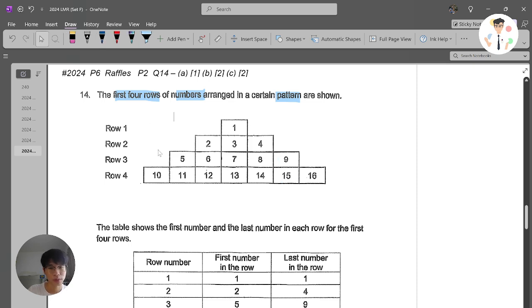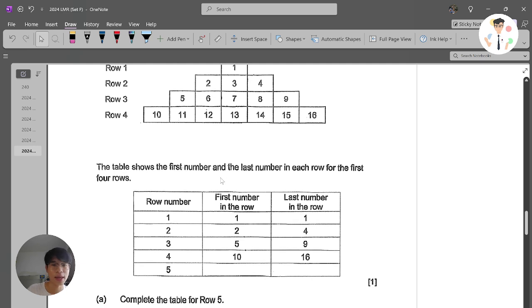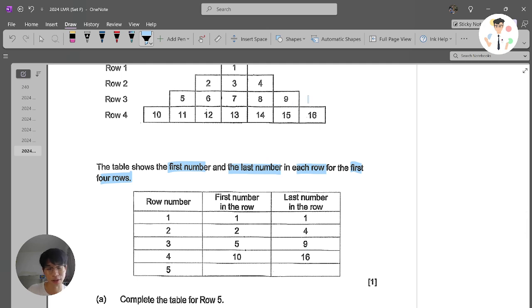The table shows the first number and the last number in each row for the first 4 rows. So 1, 2, 5, 10, and 1, 4, 9, 16. So what will be row number 5?